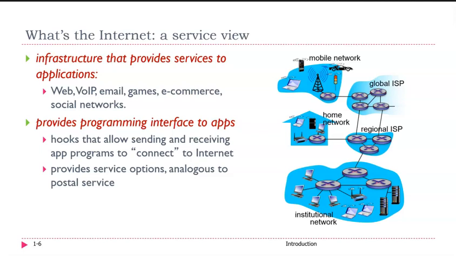And the postal service, of course, provides more than one service to its customers. There are so many services, for example express delivery, or if you want a reception confirmation.